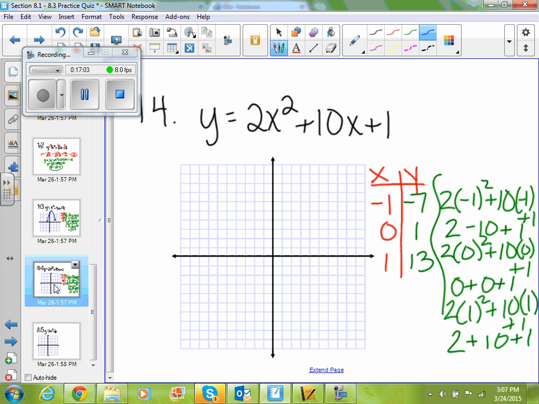Okay, so now I'm going to graph this one. So negative 1, negative 7 tells me to go back 1, down 7. 0, 1 tells me to go over 0, up 1. And 1, 13 tells me to go over 1, up 13.